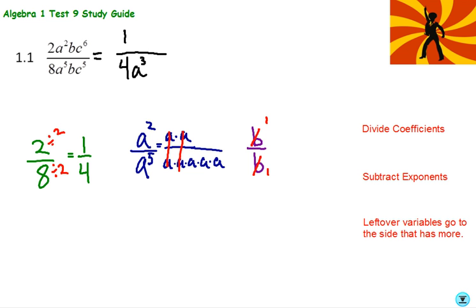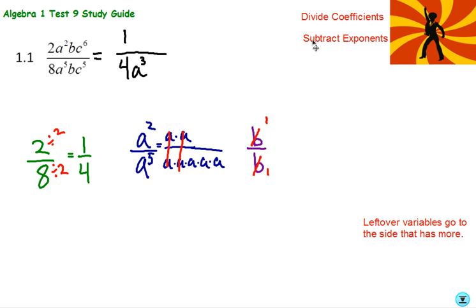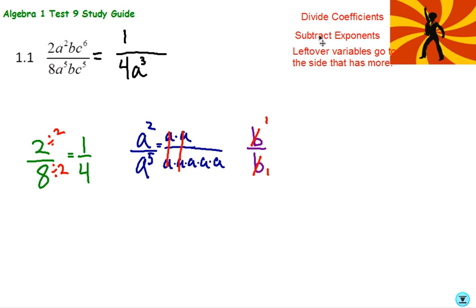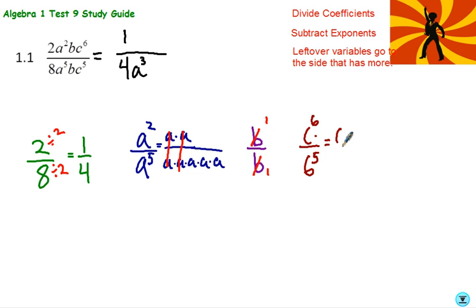And then the c's, if you looked at the c's, that says c to the 6th power. And these are actually going to end up being our shortcuts that I'm going to point out in a second. So if you took the c's and wrote that out, c to the 6th power, which would be 6 of them, let's say c to the 6 over c to the 5th. So that would be c times c times c times c times c times c, 1, 2, 3, 4, 5, 6.